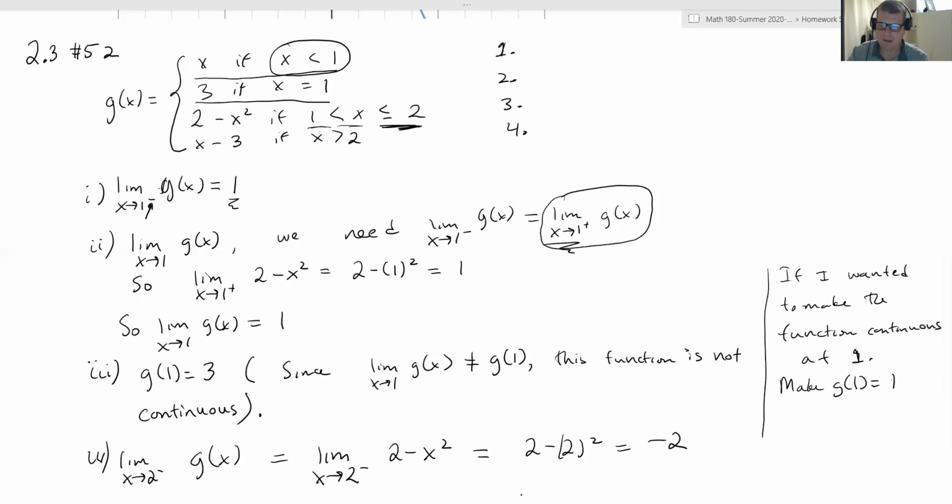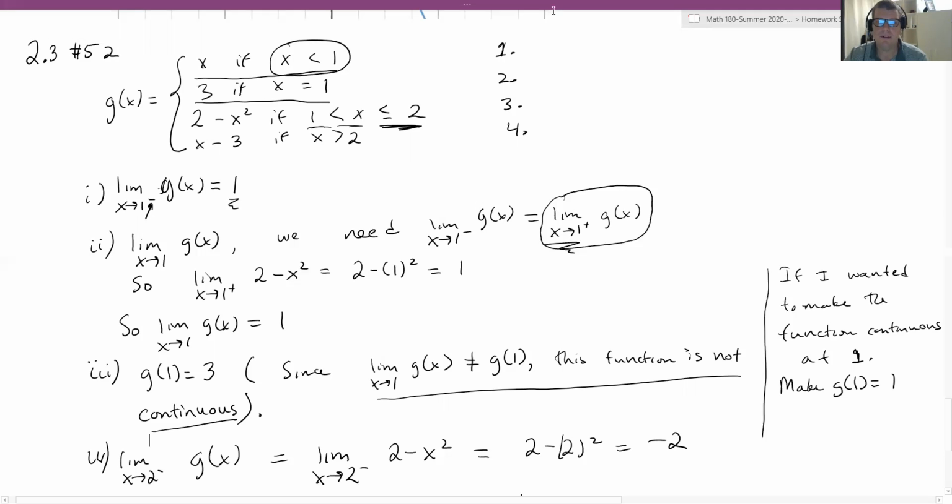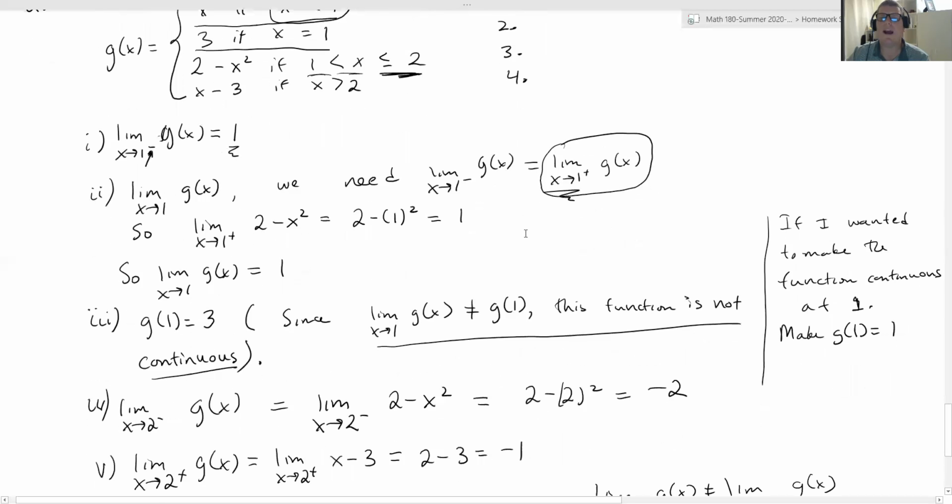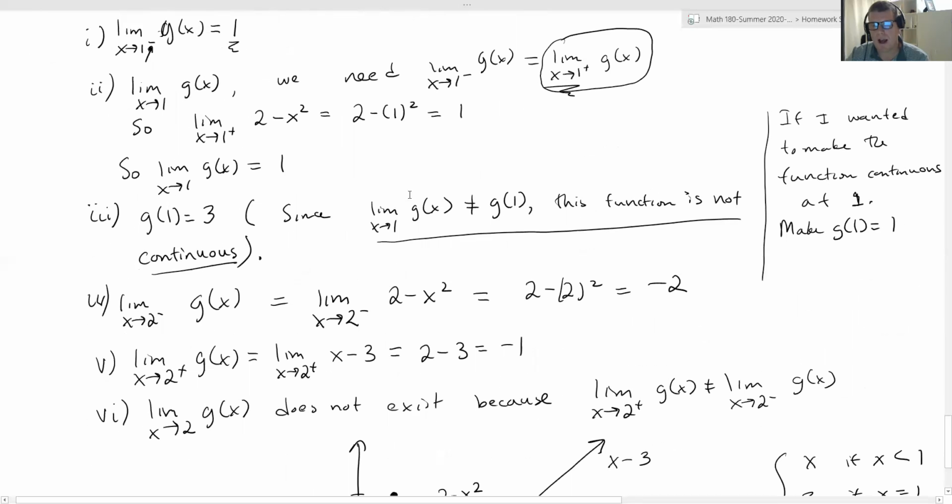Because this thing would now not be true. The limit would now be equal to g of 1, and then we'd have a continuous function. So that's a great example. A removable discontinuity can be made whole by putting in a value for g of x that actually fills in the hole.